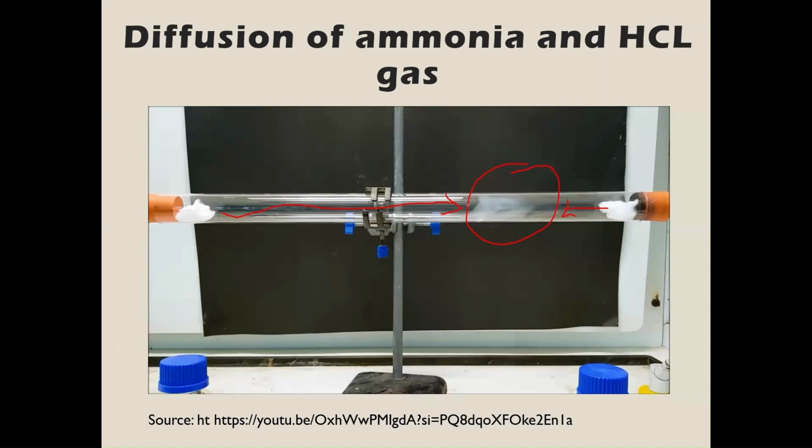And as we can see, this is the area where ammonia meets the hydrochloric acid to react together. And we can see that ammonia travels longer than HCl in the same time, which means that ammonia has a higher diffusion rate than hydrochloric acid.